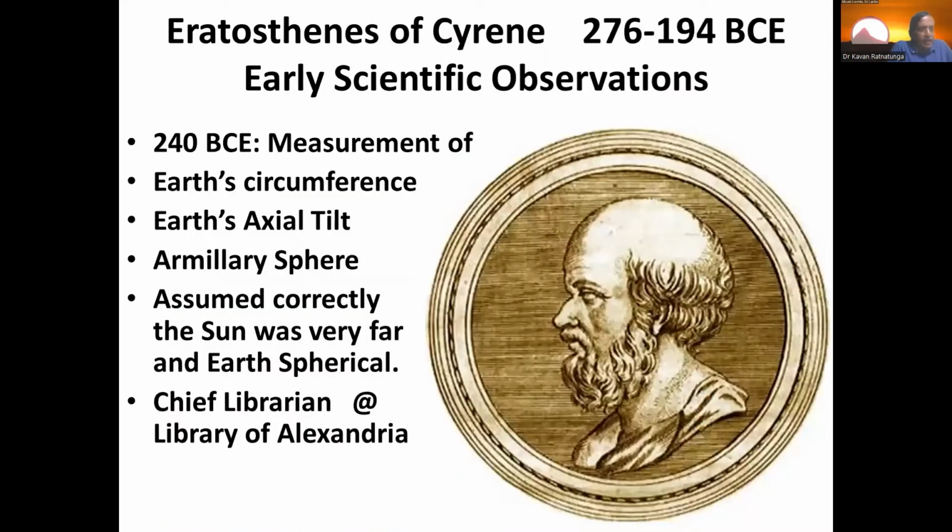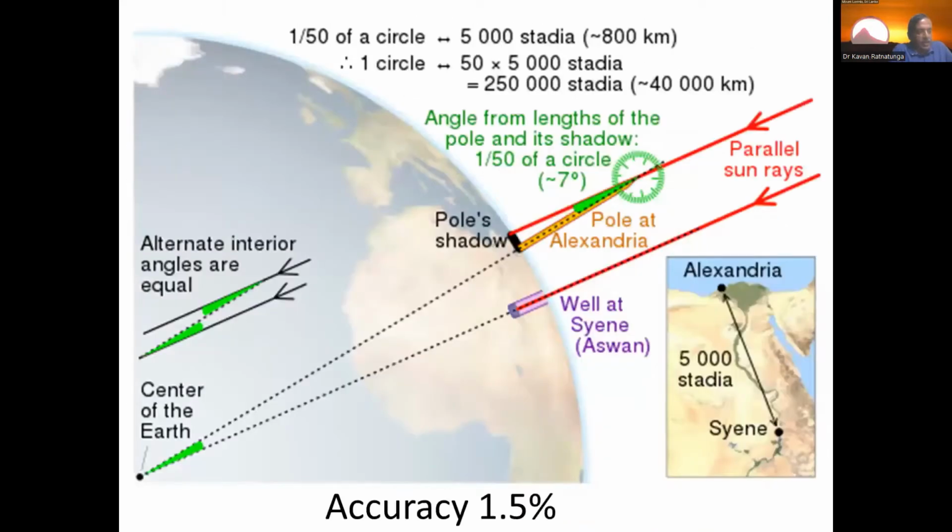But during that same time, even though there were people who didn't have the correct idea, there were also very clear scientific observations made. In 240 BC, he calculated the circumference of the earth by making precise and correct observations. He was also the chief librarian of Alexandria. He decided that the earth was spherical, and he assumed that the sun was extremely far away.